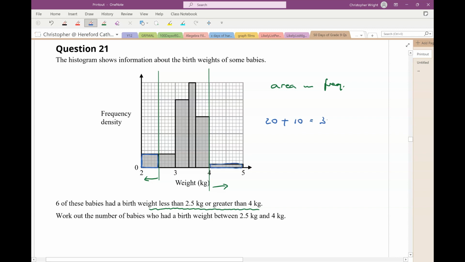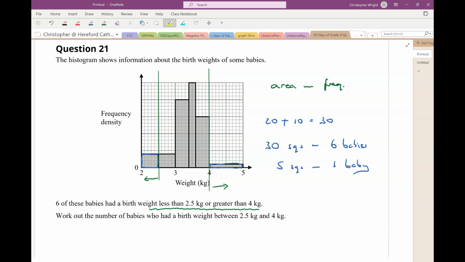So 30 little squares. So 30 little squares is equivalent to 6 babies. Okay, well that means that 5 little squares is equivalent or represents 1 baby.